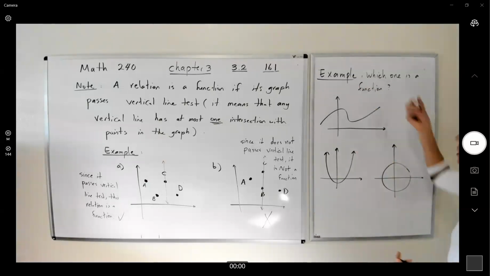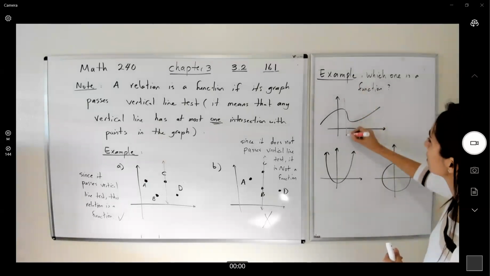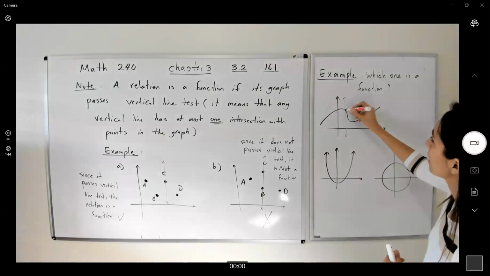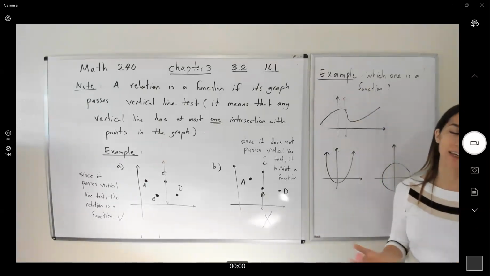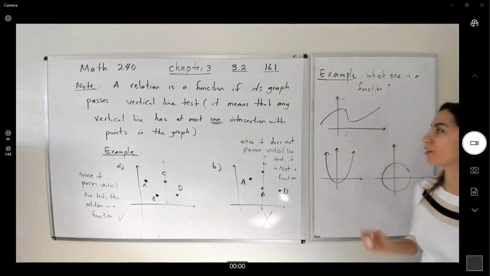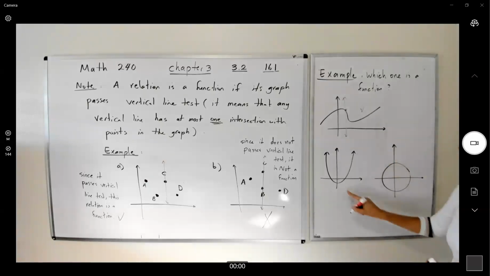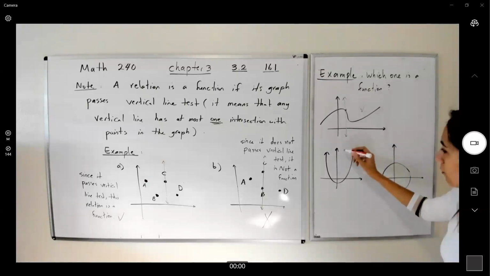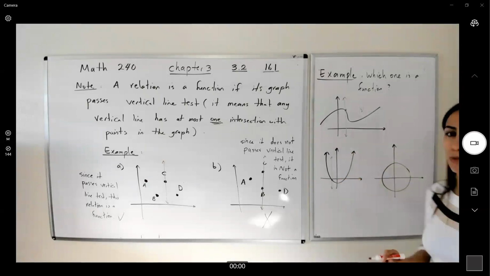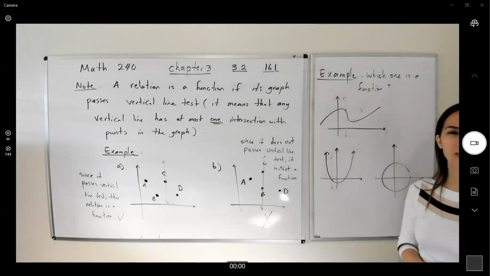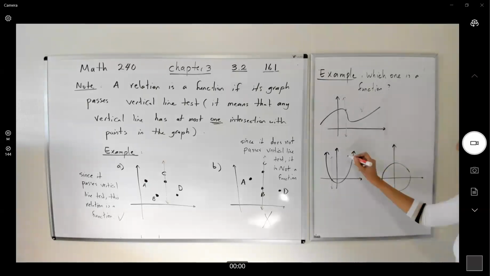For the first one, if you take any random vertical line, it has at most one intersection with the graph, and of course, it is a function. How about this parabola? If I take any random vertical line, it has at most one intersection with the graph, and this is a function.